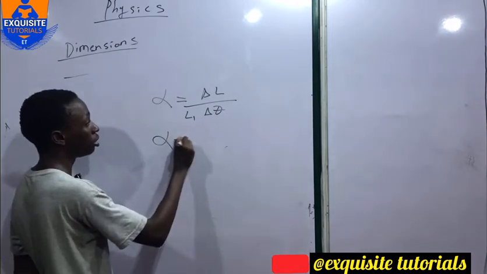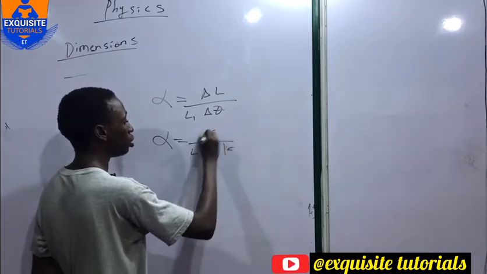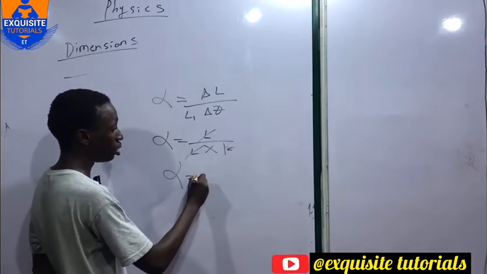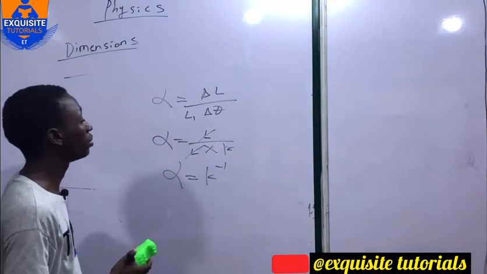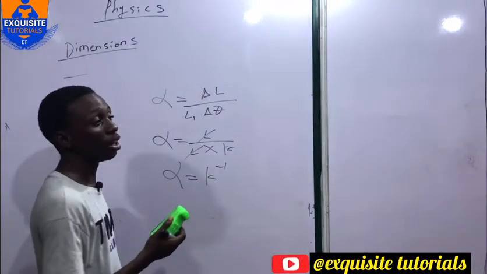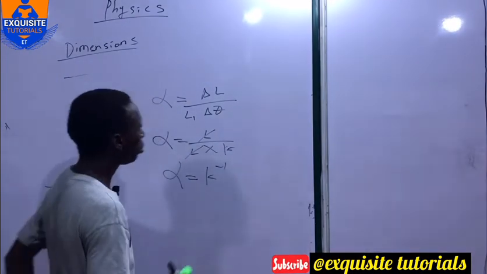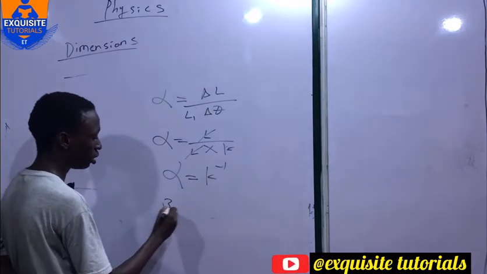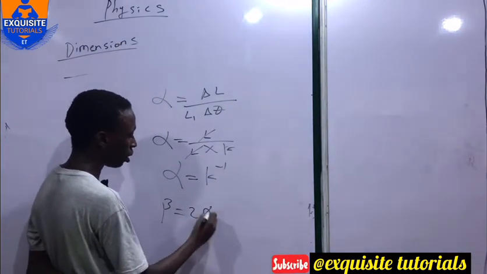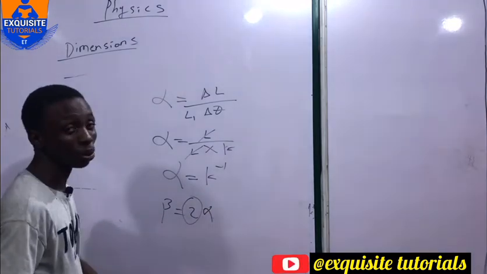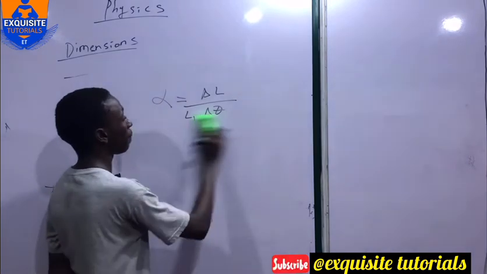So it will be equal to L over L times K. This ultimately cancels, so this will be equal to K^-1. So that is the dimension for the coefficient of linear expansivity. This also applies to area or superficial expansivity, because superficial expansivity is equal to 2 alpha. Numerical value does not apply to dimension, so it will have the same dimension, K^-1.